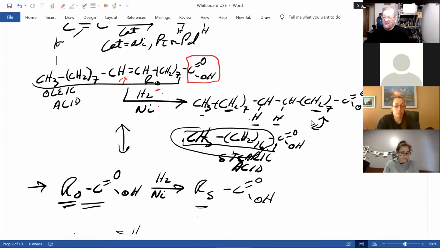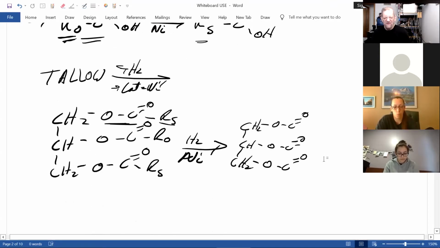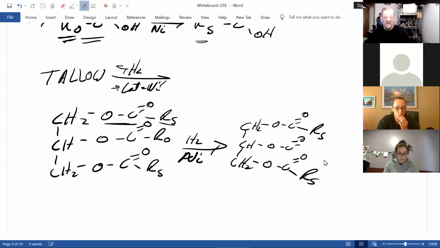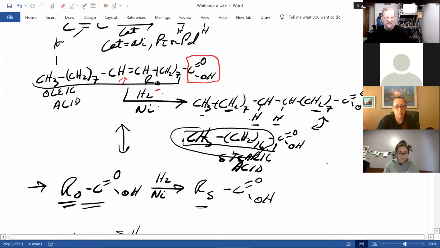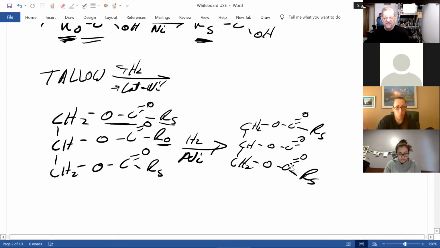This carbon-carbon single bonds. Does that react with hydrogen and catalyst? No. So that means I'll still have this. The only one here, R sub O, what is that? Well, that's this, which becomes this, which you learned R sub O becomes R sub S. And therefore, there's the answer.